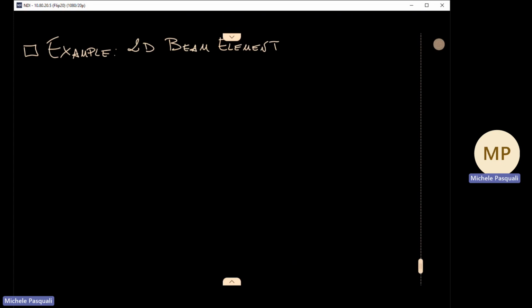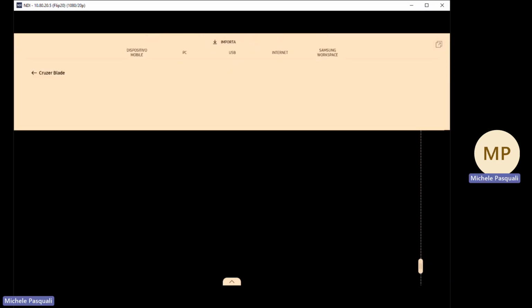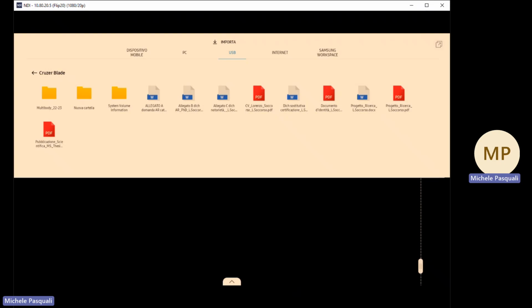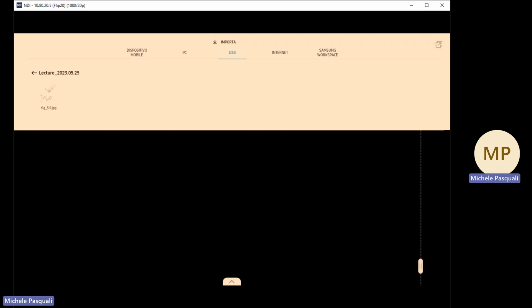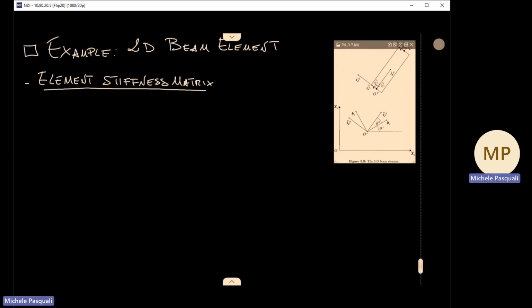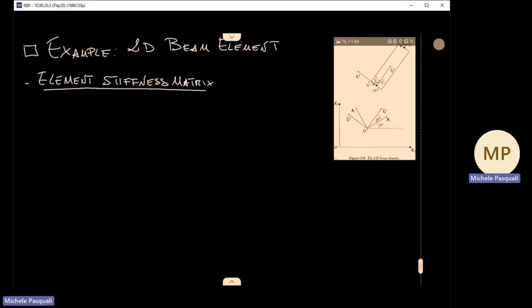In particular, the idea was to calculate the element stiffness matrix. Okay, so we go and check again our system, which is basically composed only of one element.